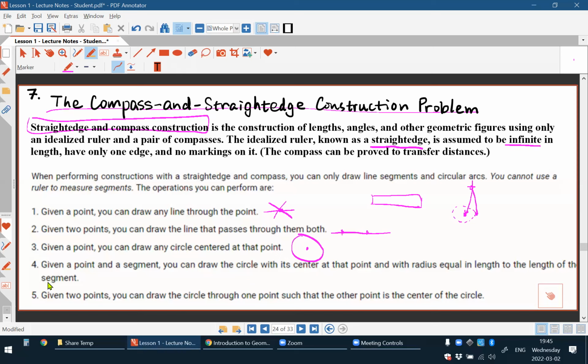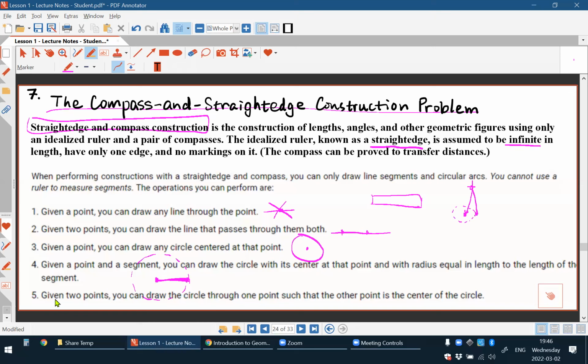And the fourth possible operation is, given a point and a segment, you can draw the circle with the center at the point and with radius equal to the length of the segment. That means if you are given a segment, we can then use a compass to draw a circle that has a radius using this segment, right?